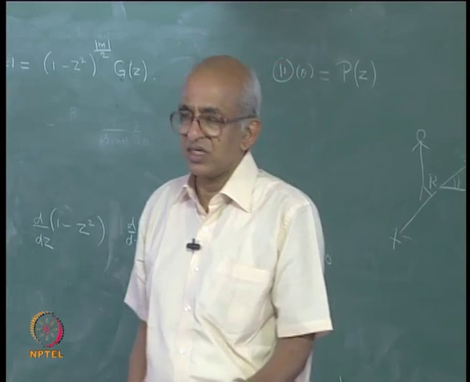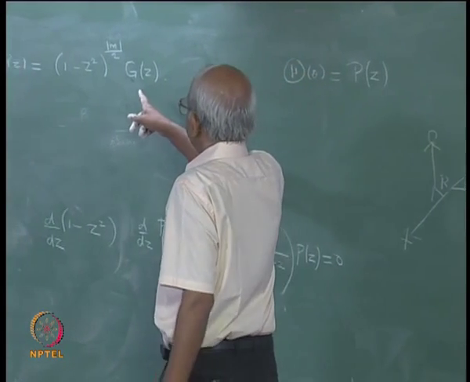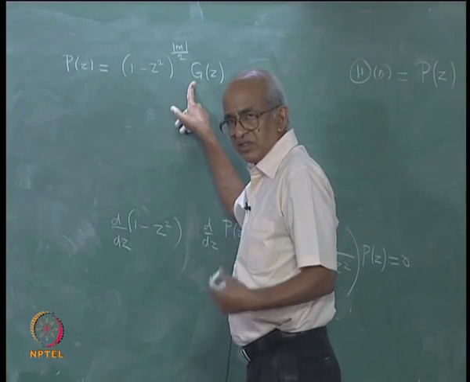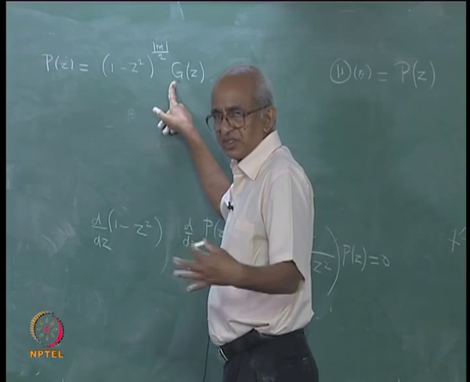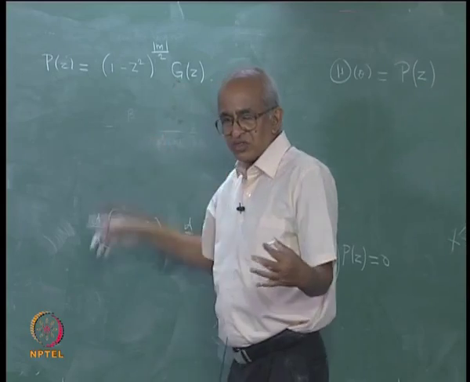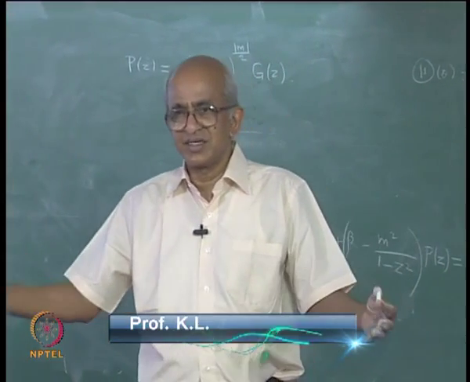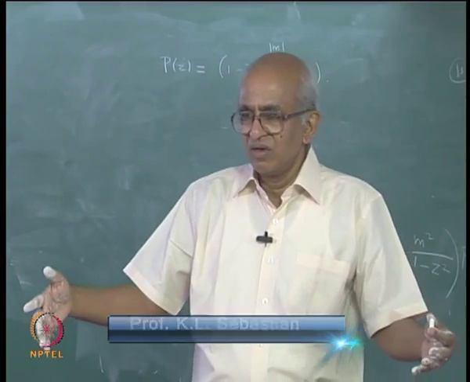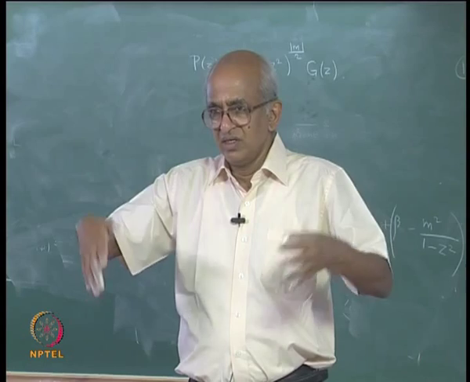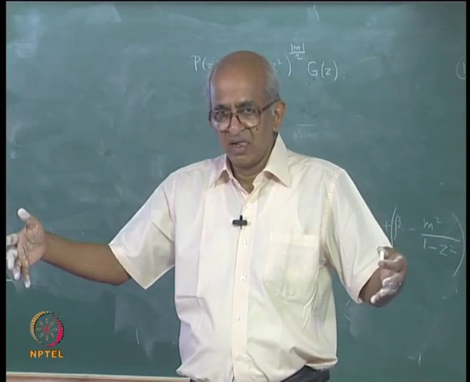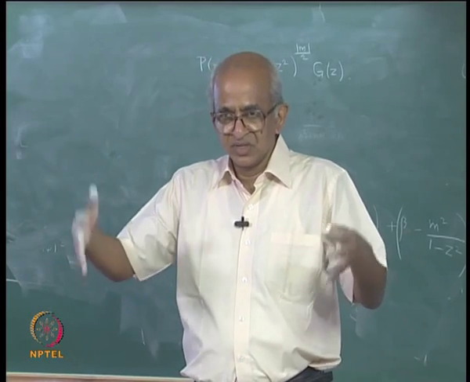In exactly the same fashion, if you make this substitution, you will get an equation for G, and that equation can be solved by assuming a power series expansion. Once you have a power series expansion, what is the result that you would expect? You would get a recursion relation, and you will want to terminate the series at a finite power of Z, and you will have to impose a condition which ensures that the series terminates.